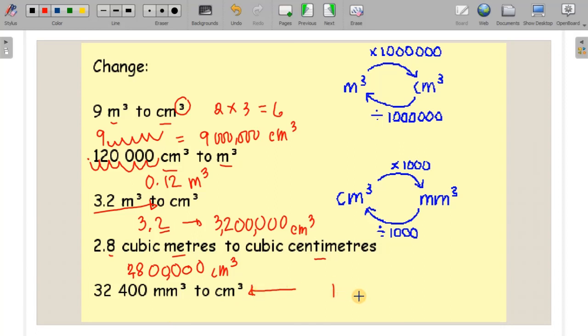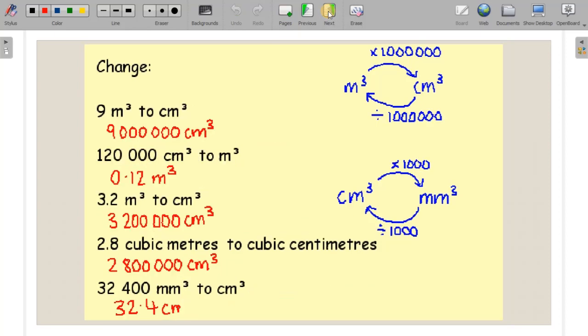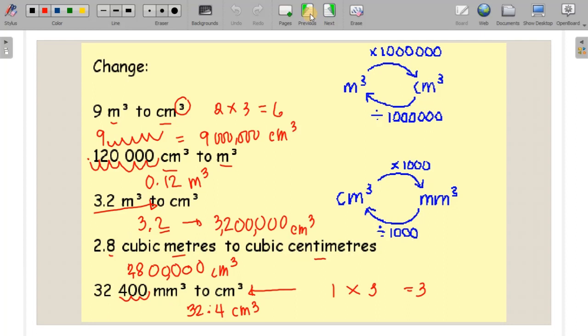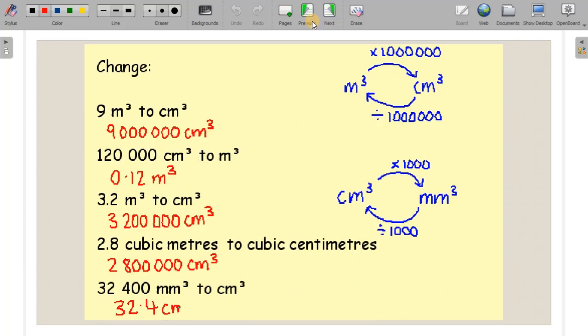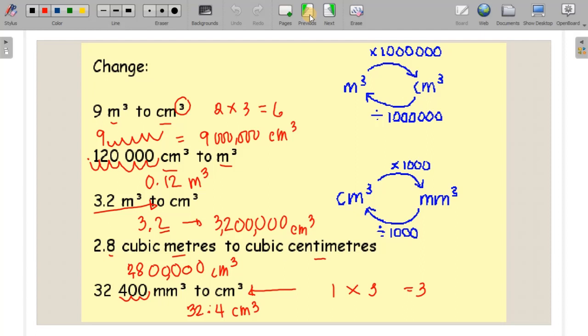One step times the cube, so total 3. So 3 steps, 1, 2, 3. Final answer is 32.4 centimeter cube. Let's see if our answers are correct. Okay, 9,000,000, 12, 3, and 32.4. All our answers are correct.